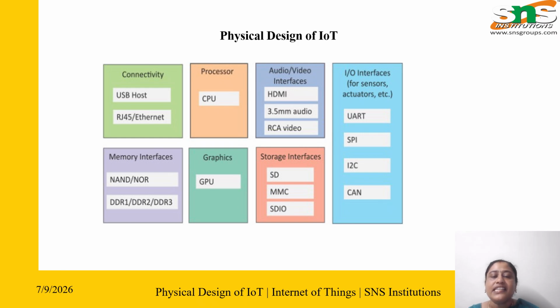So when we say physical design of IoT, it means we represent the hardware components and the communication carried out over these hardware components. The physical design of IoT mainly consists of two components: the first one is things, and the second one is the communication protocol.